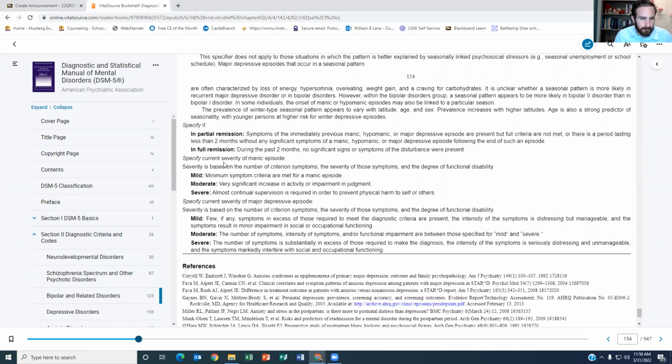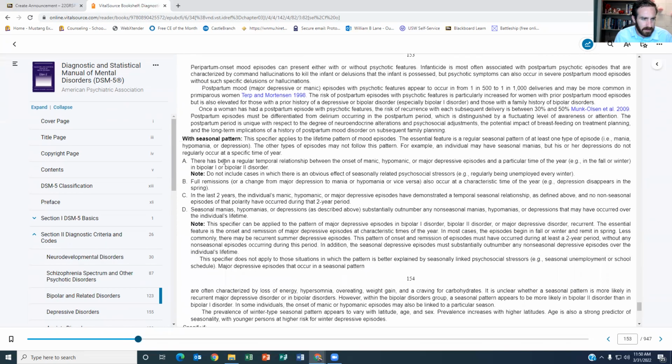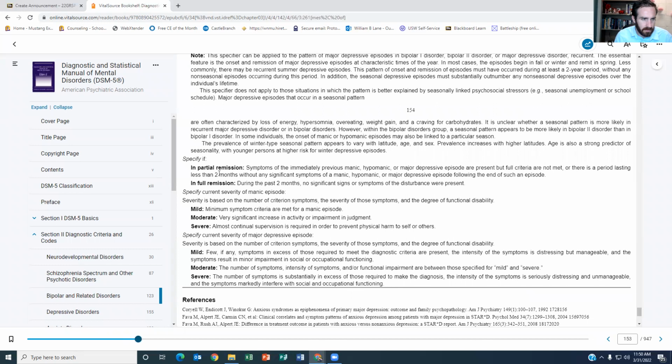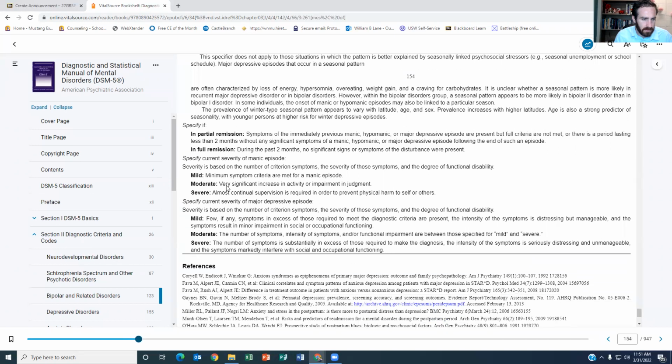So there's two of these, and I'm trying to figure out what's the difference between the two of these.